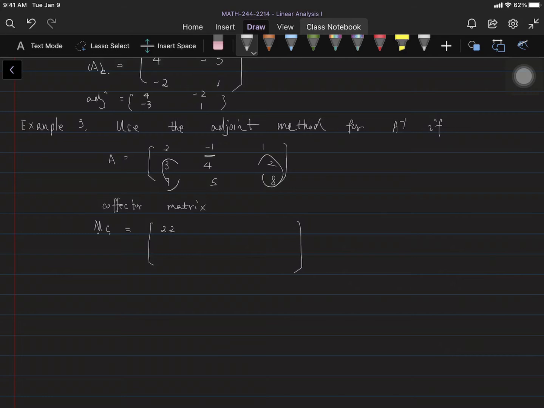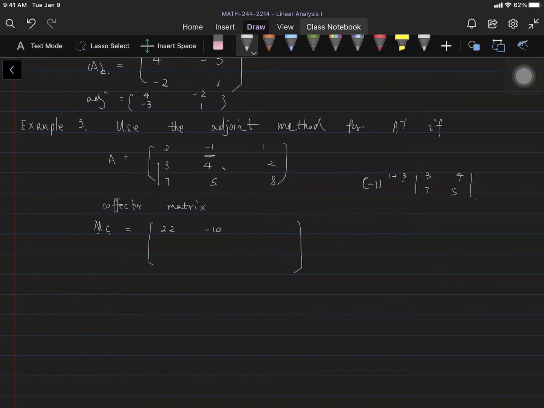Let's see. Oh, 24 minus 14 should be 10 and then negative 10. Okay, and for the number 1, cofactor should be negative 1 to the 1 plus 3 power, row 1, column 3, and times the determinant of 3, 4, 7, 5, right?